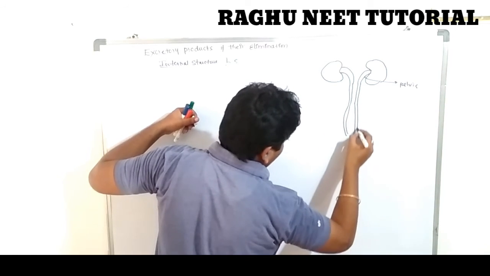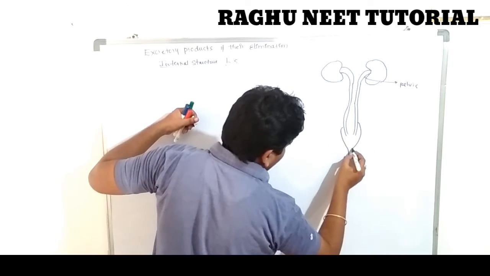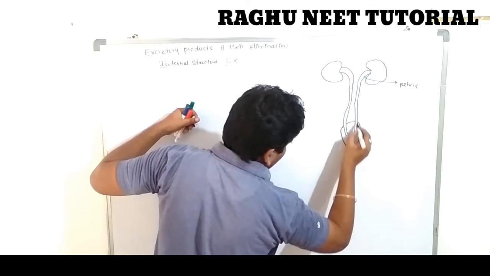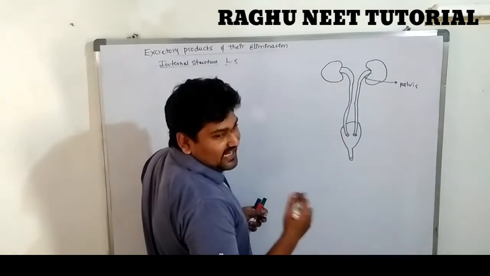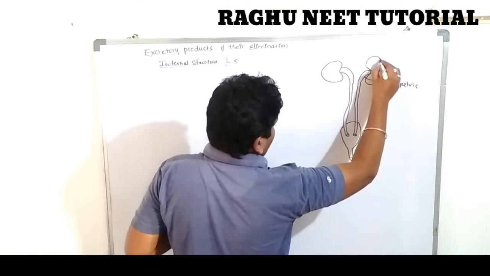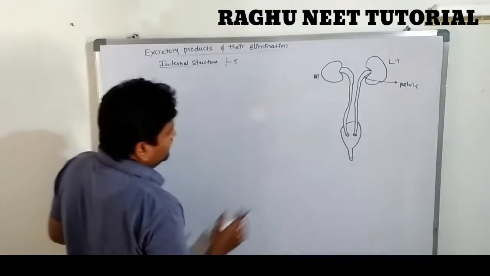The ureters lead into the urinary bladder. The ureters open into the urinary bladder at an angular position, left and right.